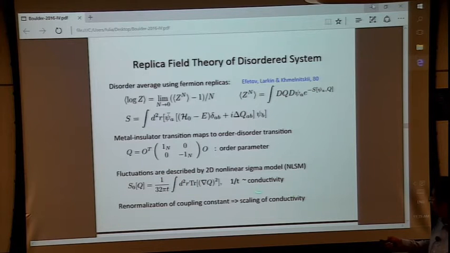If we have high conductivity, it means that T is very small, so it gives you a high energy penalty for deforming the order parameter. So this tends to give you an ordered phase, right? Basically, the renormalization group flow for this coupling constant, the stiffness T, gives rise to the scaling of the conductivity.